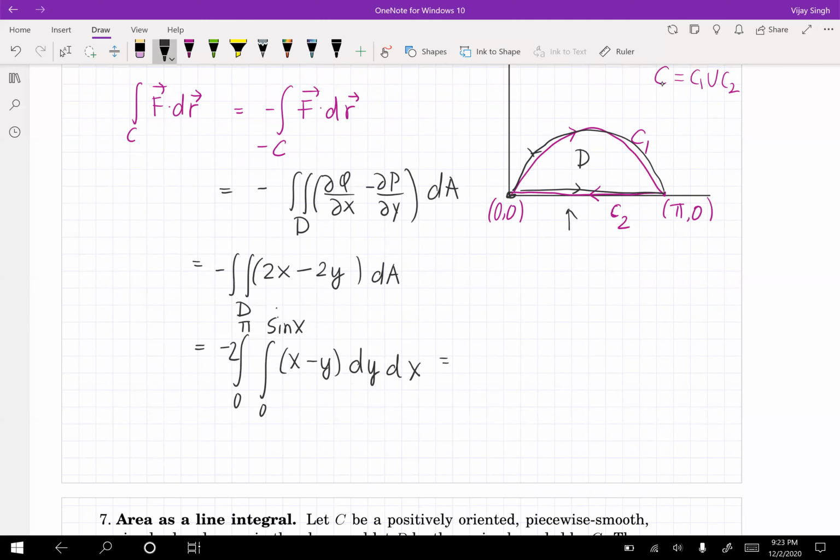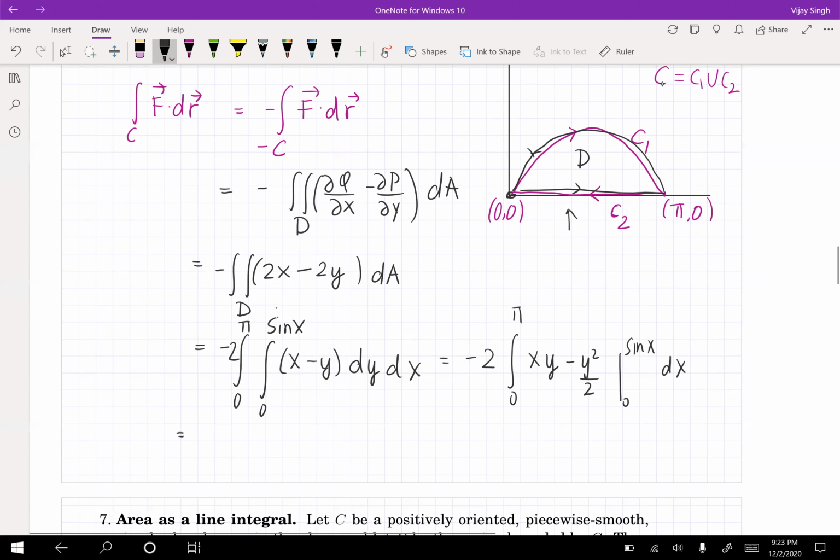So this can be seen as minus 2, integral from 0 to pi. We have the integration of x minus y with respect to y as xy minus y squared by 2, from 0 to sine x, dx.